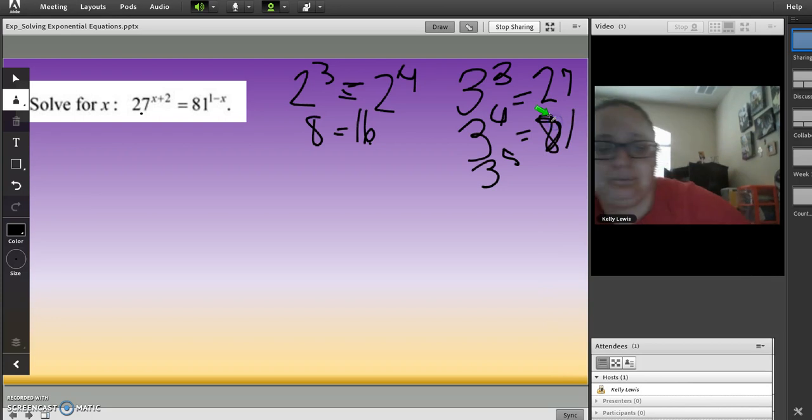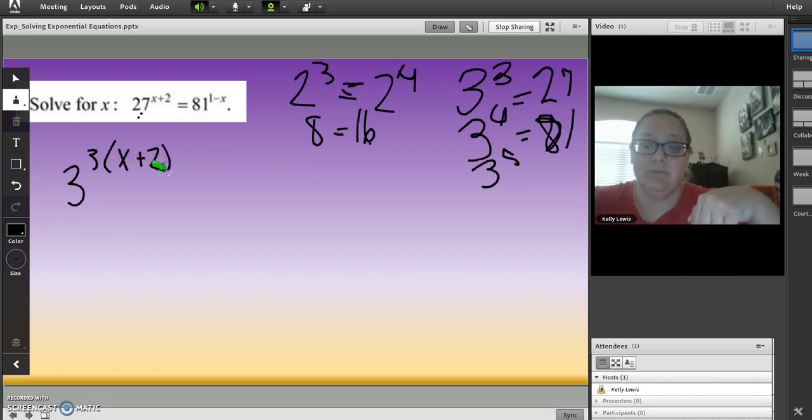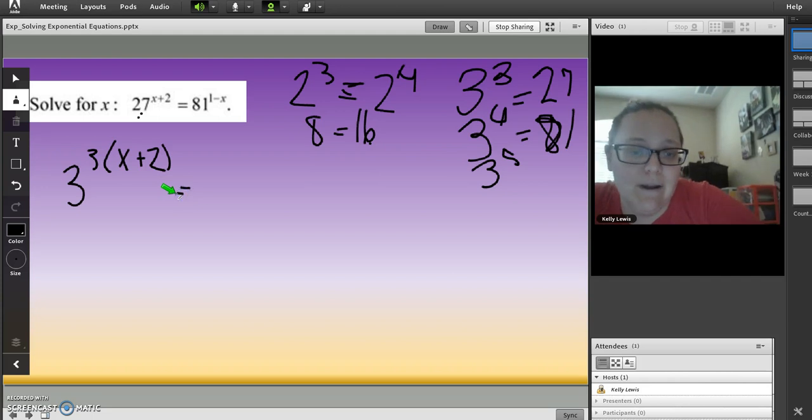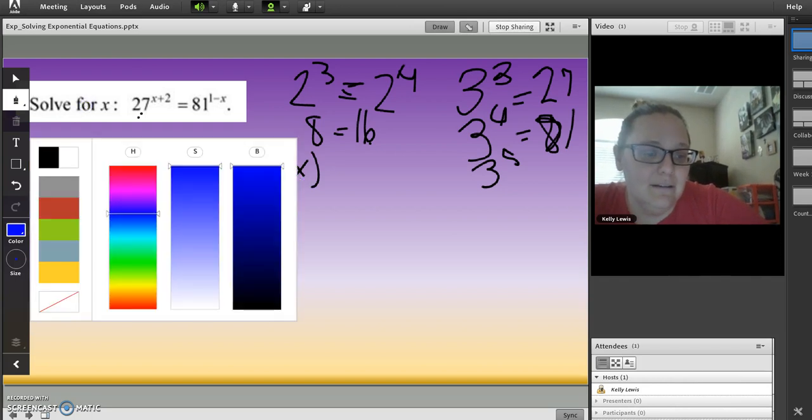All right, so 27 is the same as 3 to the third, and then we have that x plus 2. Notice I put the x plus 2 in parentheses. 81 is the same as 3 to the fourth, and in parentheses I'm going to write that 1 minus x. This is as hard as it's going to get for these types of problems. Then I can cancel those bases.